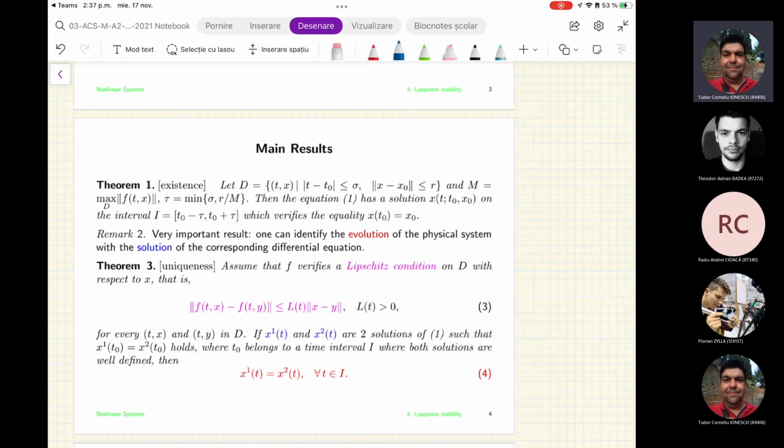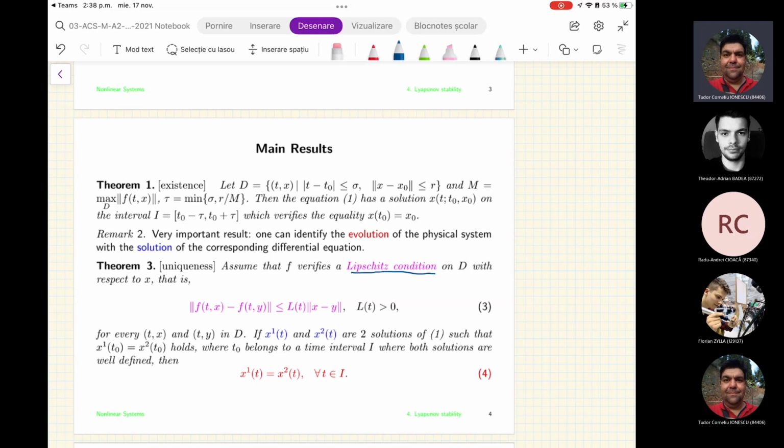The second result is about uniqueness. Is the solution unique? That's what we have to ask ourselves. And of course, it's the same result that we saw in the first order and in the second order case. So we assume that F verifies some Lipschitz condition on the definition domain.